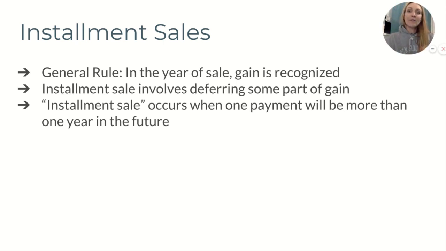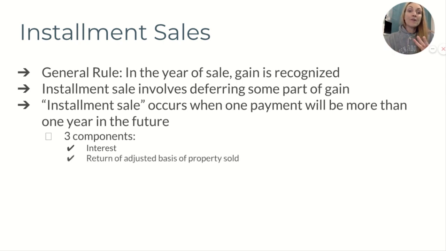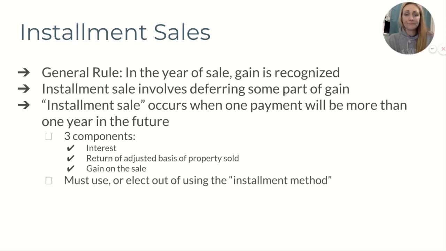And this concept applies to things like selling services as well. So when we're talking about a sale, there's three components: interest, return of adjusted basis of property sold, and the gain on sale. In the problems that we're doing here, we basically ignore interest in the book.